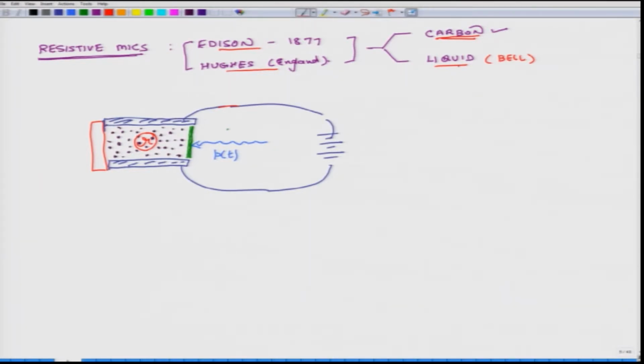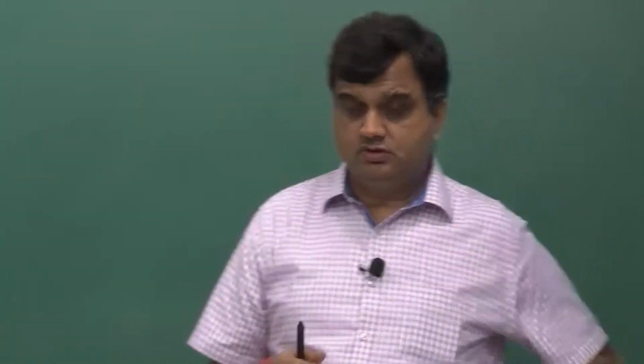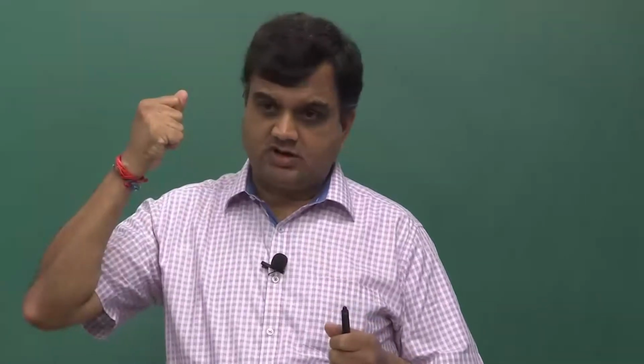This is based on some calibration methods. So, this is a resistive type of microphone, and these microphones were very popular in earlier days, and by earlier I do not mean 100 years back, but even 30 years back. They were used very extensively in our old type of telephones. In old telephones, you had a cradle where you would have a microphone and a speaker.